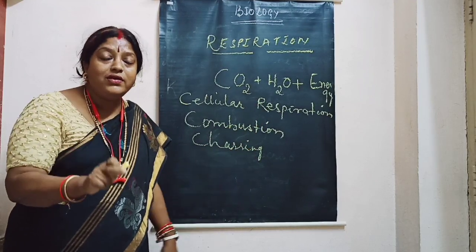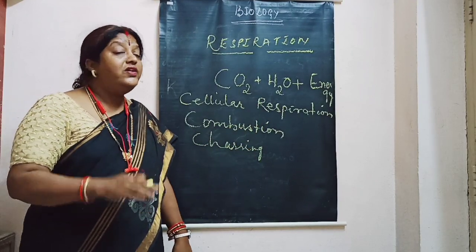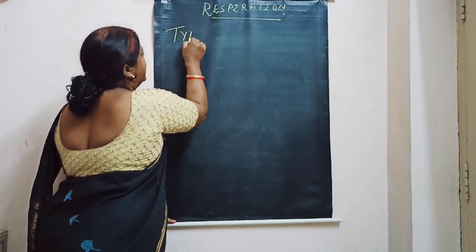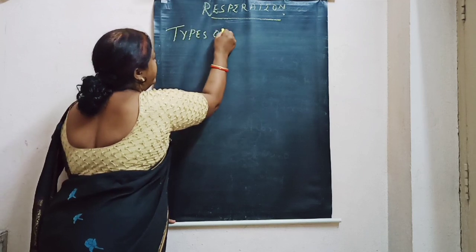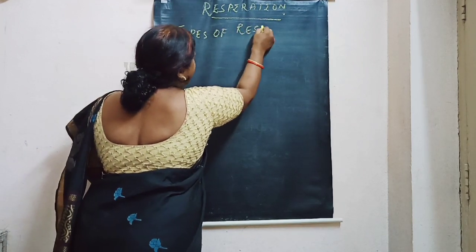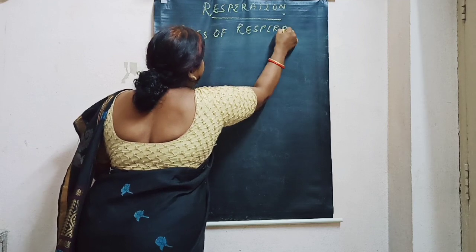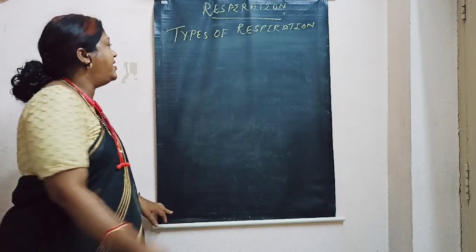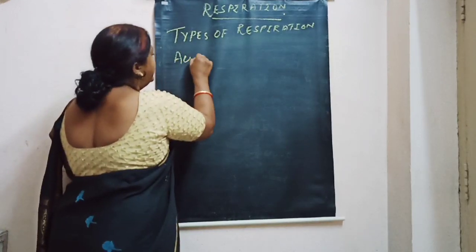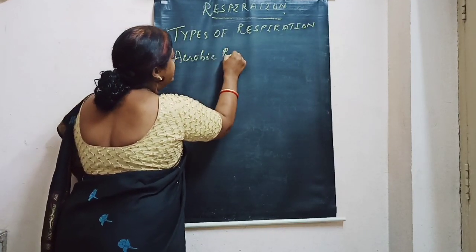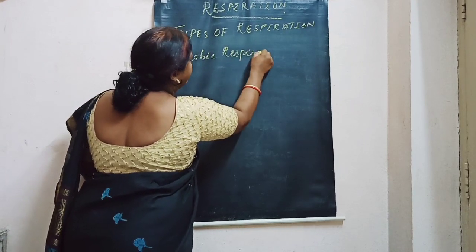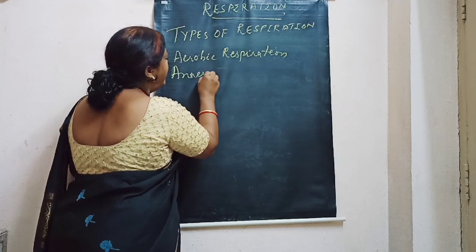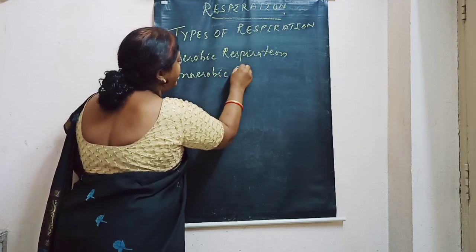Now we'll learn what are the different types of respiration. Types of respiration. There are two types of respiration, that is aerobic respiration and anaerobic respiration.